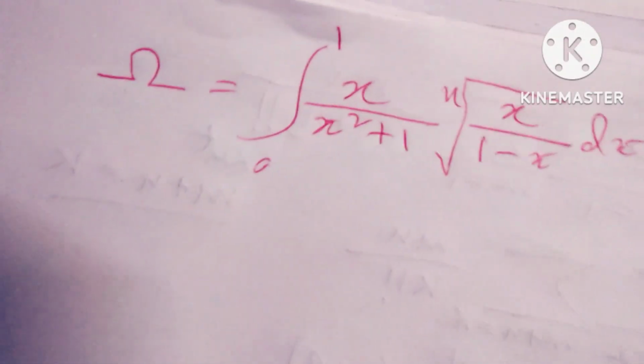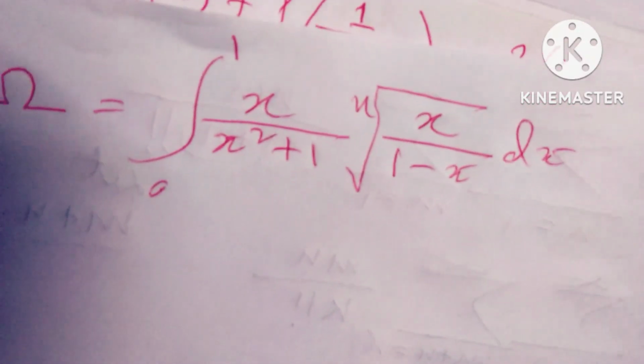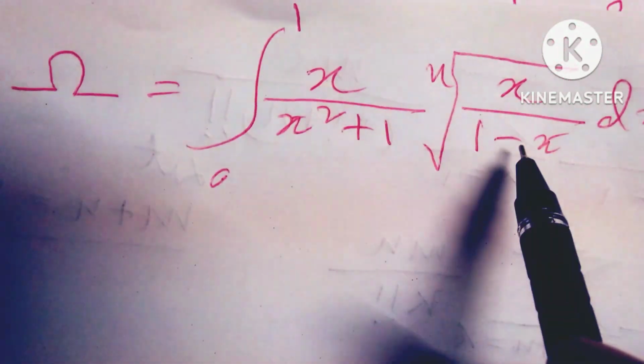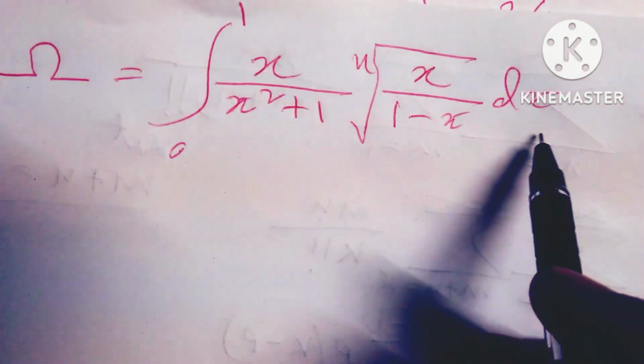Today's discussion is the integration from 0 to 1 of x divided by the nth root of x squared... minus root over 1 minus x.